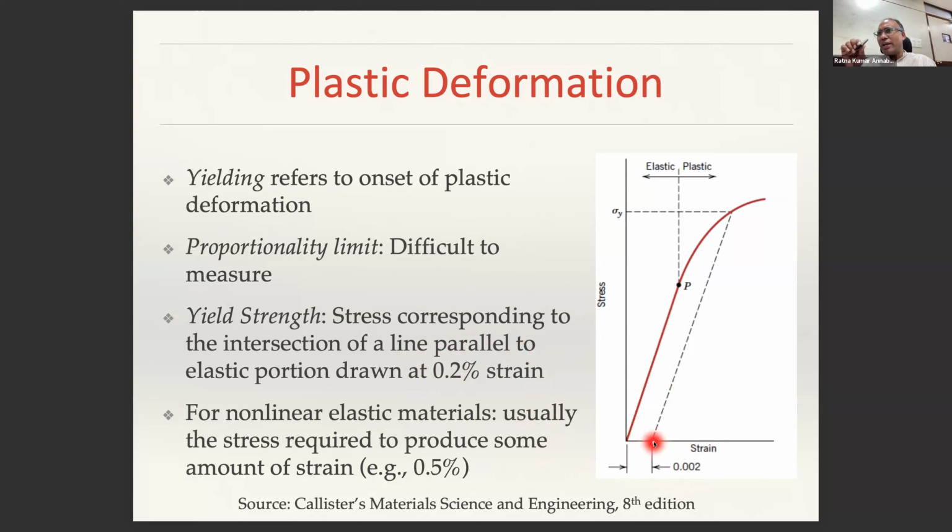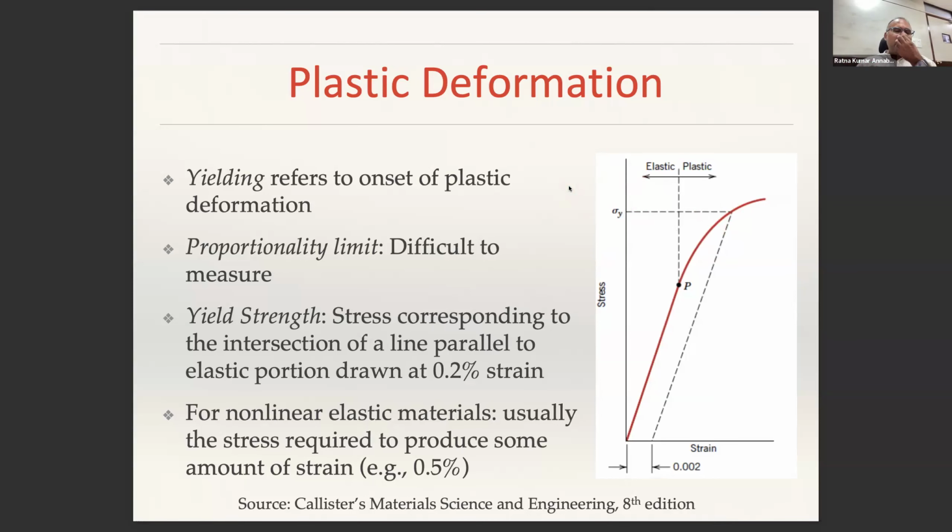At that point, you draw a line parallel to your initial linear elastic regime. That means you are drawing an offset at 0.2% strain, and you see where that line intersects the stress strain curve, and the value of the stress at which it intersects is what you report as the yield strength of the material.